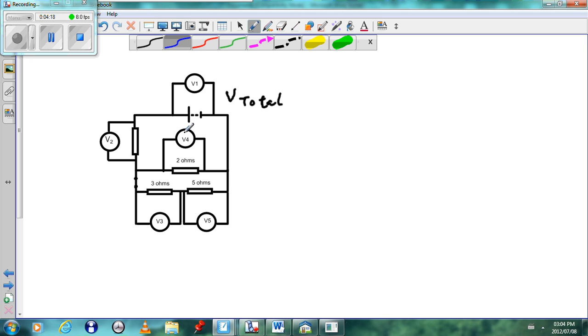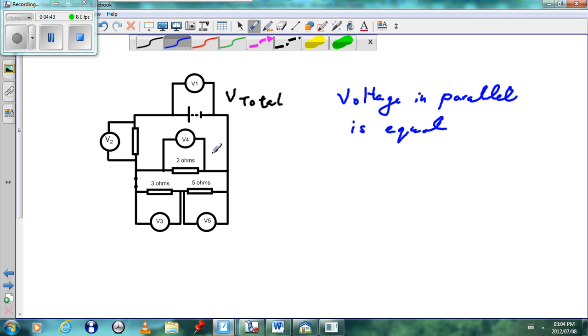So the rule is, voltage or potential difference in parallel is equal. It's the opposite of current. In current we saw that current in series is equal. Here we see voltage in parallel is equal.